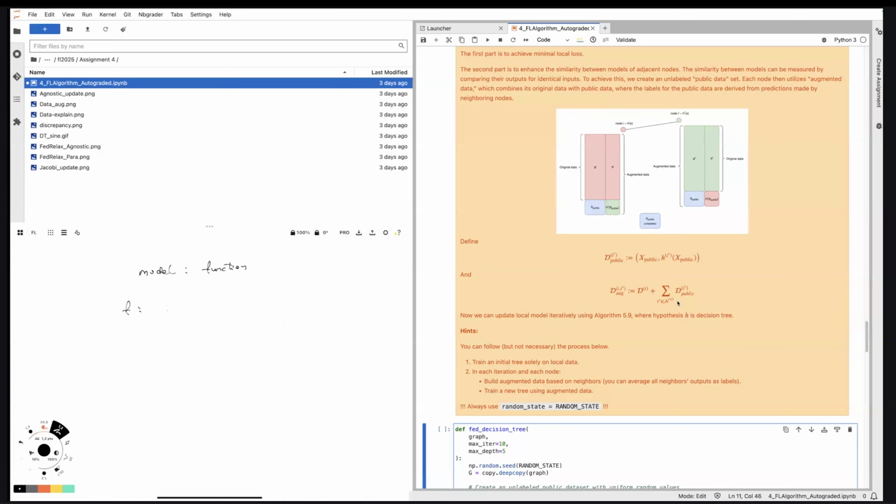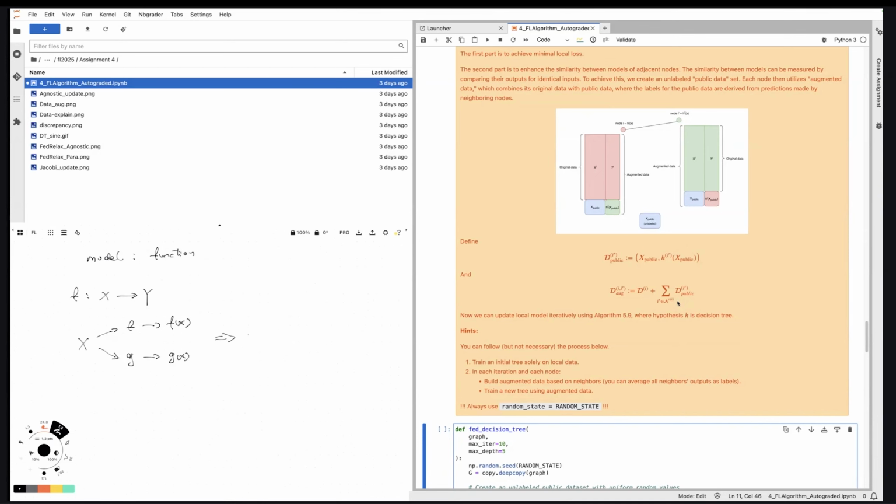Then if we take the function as mapping some input to output, if two functions are similar, then given the same input to the different functions, their outputs should also be similar, right?